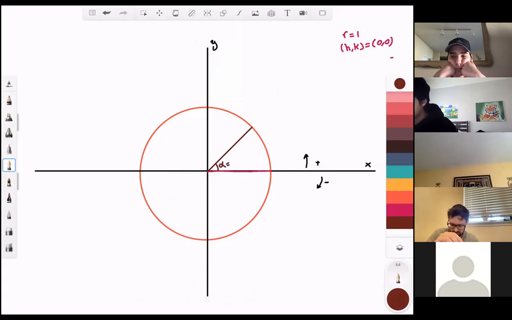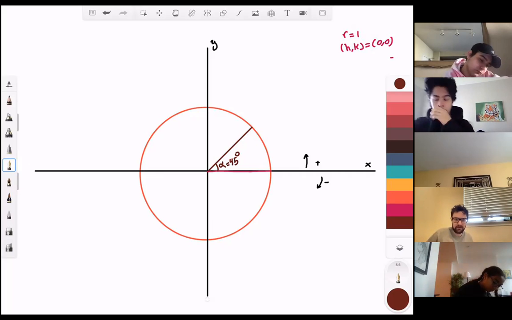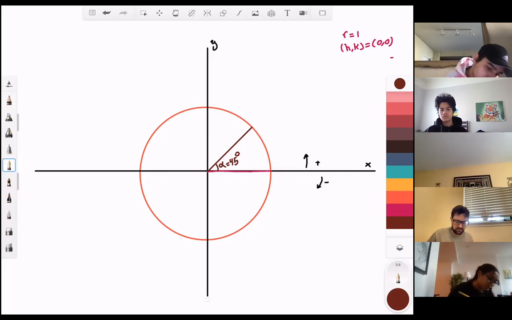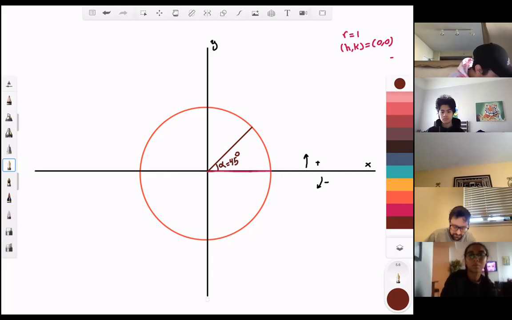Alpha is 45 degrees. What is a coterminal angle for this? 45 degrees. Yeah, 45 degrees.